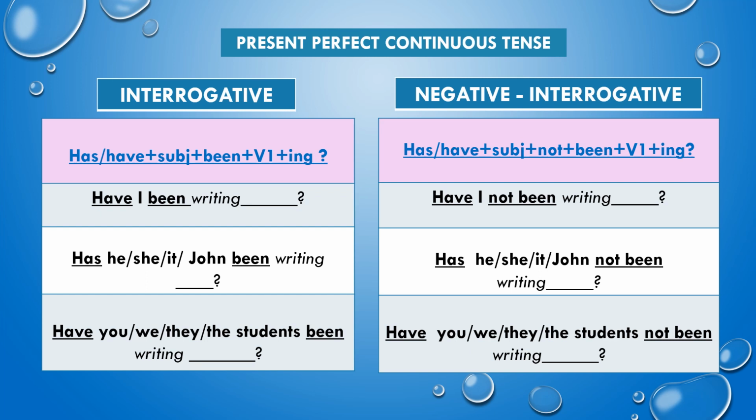We should remember that a question mark is absolutely necessary when we are writing an interrogative or a negative interrogative sentence. If we look closely at the negative interrogative sentence, the first sentence, have I not been writing, and it is put dash, we can put any form of object, any object that we want. This is just an example.